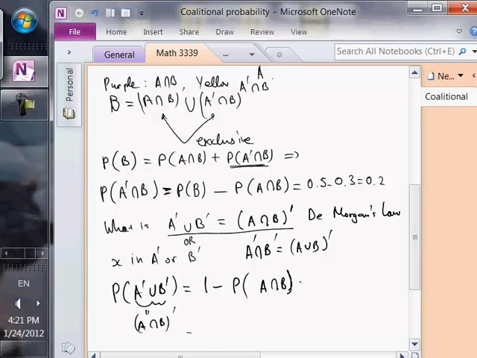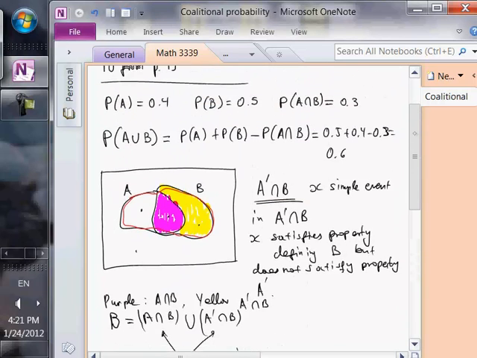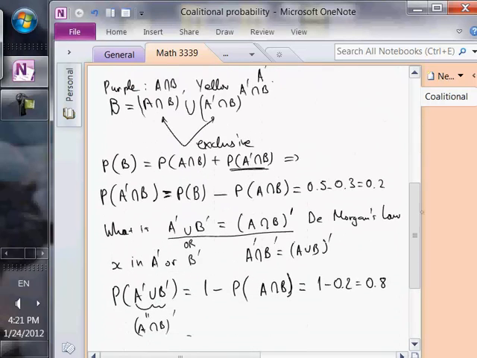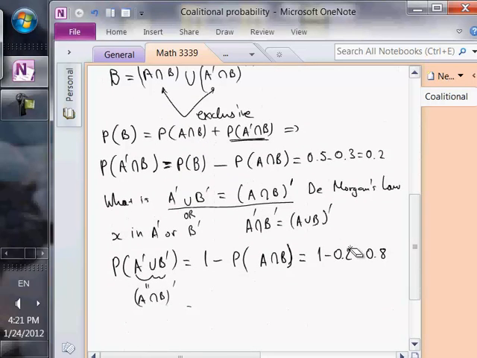That's what applies here. And that probability is 1 minus 0.2, therefore this is 0.8, if I properly recollect. No, 0.3. So that's 0.7. And that's the answer to this problem. Problem 10. Okay? Any questions?